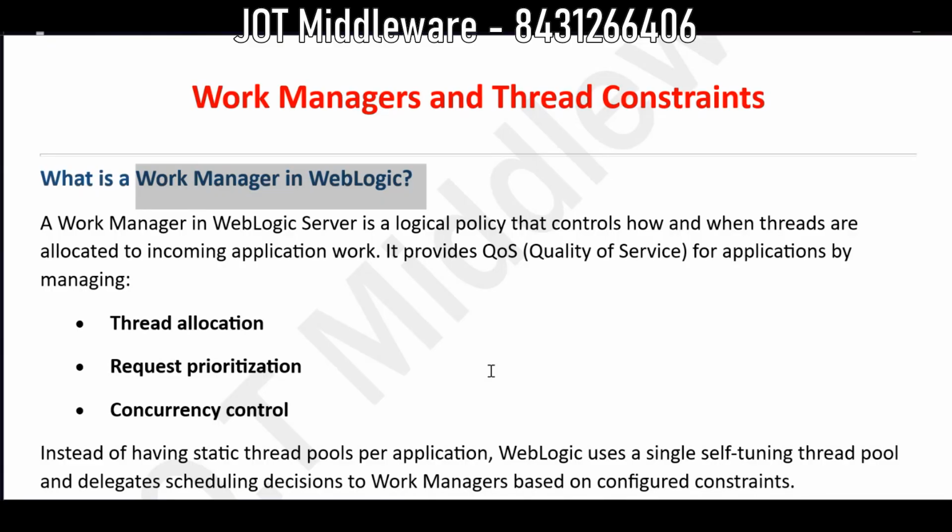So how are the resources shared, which one should be prioritized first? Which one should get most of the system resources? You may have applications that need quick response times, and you may have applications that get high load.